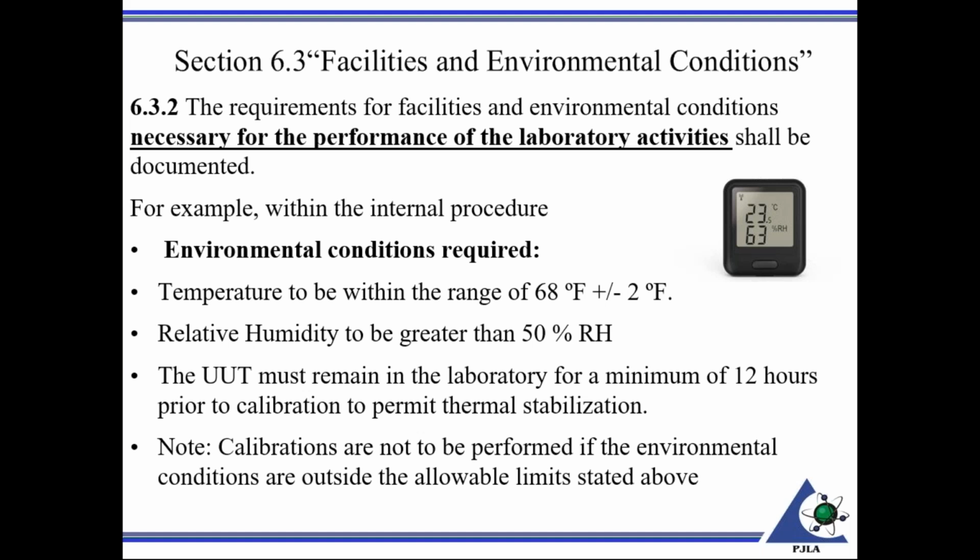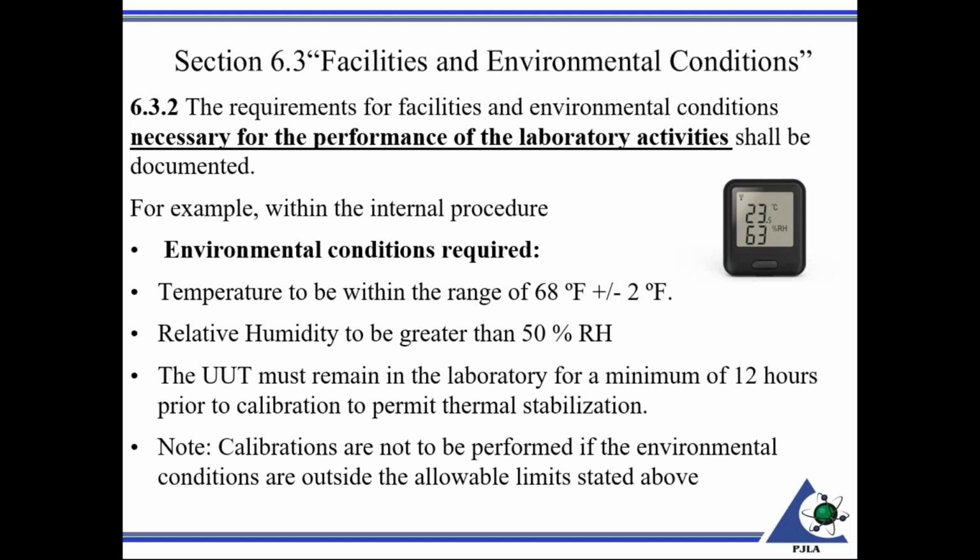6.3.2, the requirements for facilities and environmental conditions necessary for the performance of laboratory activities shall be documented. So we have to have this documented somewhere. So what are we referring to here? Under the particular test or calibrations, for example, looking at a procedure, if there's any environmental conditions that need to be adhered to, they need to be captured, documented. Typically, it could be within the actual procedure itself.